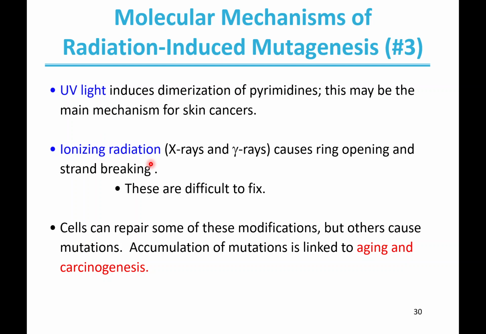Okay, some other types of radiation that can create mutagenesis and changes in your DNA are stronger sources like X-rays or gamma rays, and I shouldn't say stronger, I should say higher energy. Those cause a little bit different problems. They're high enough in energy to cause rings to open or even strands to break, and those are more difficult to fix. Okay.